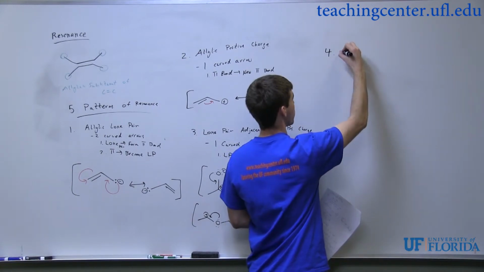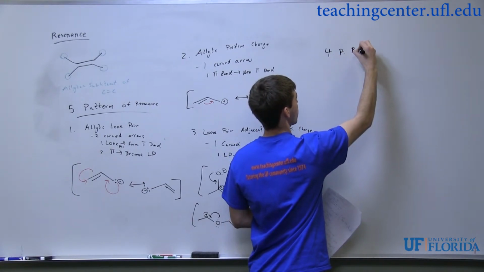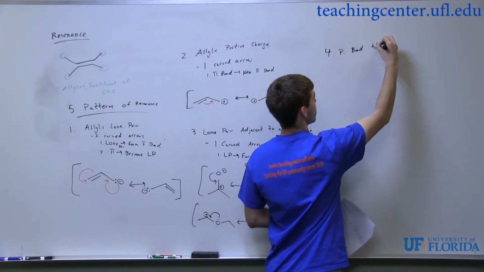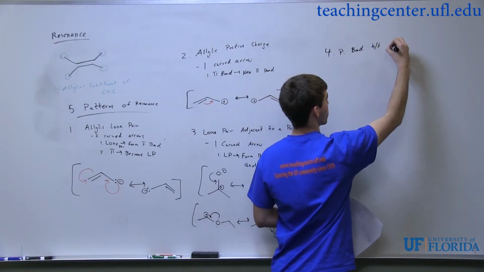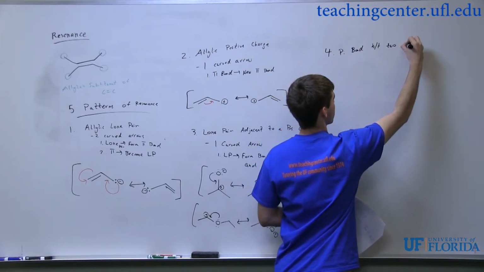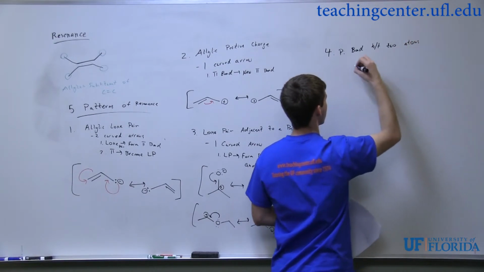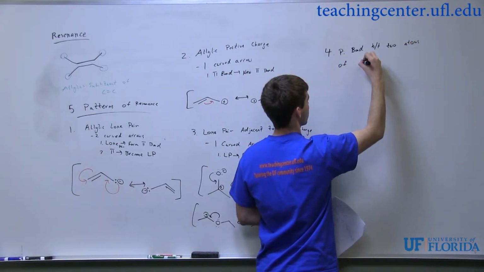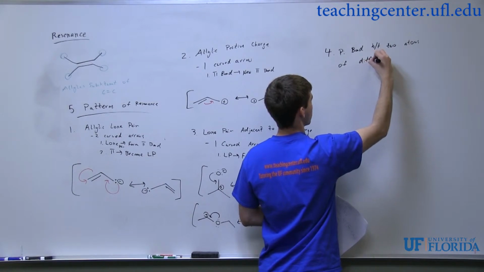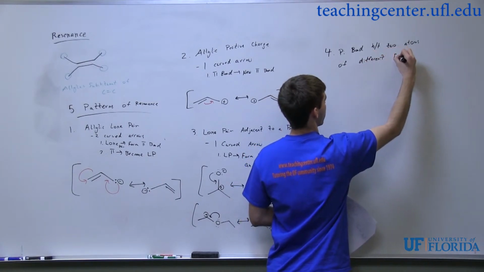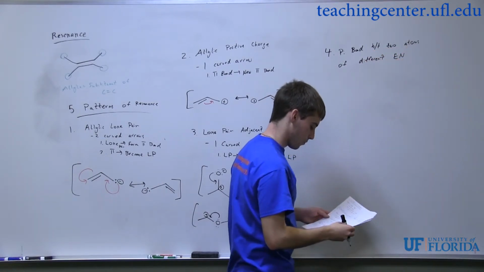This is a pi bond between two atoms of different electronegativity. And EN is just electronegativity.